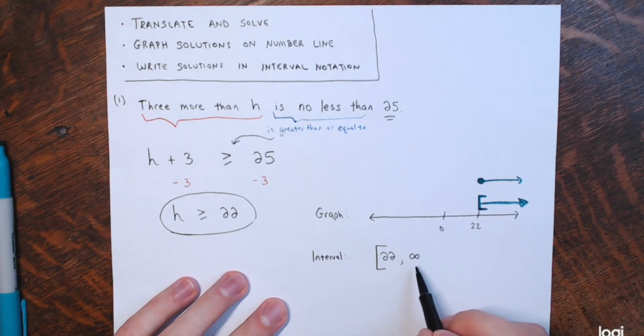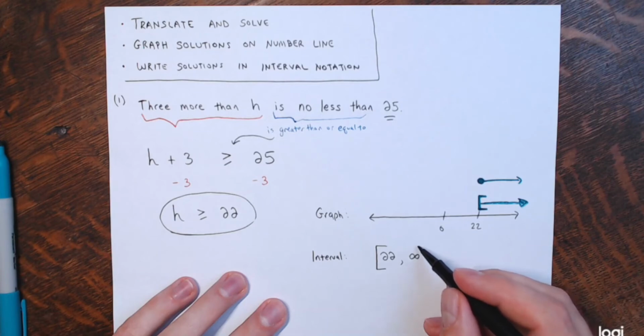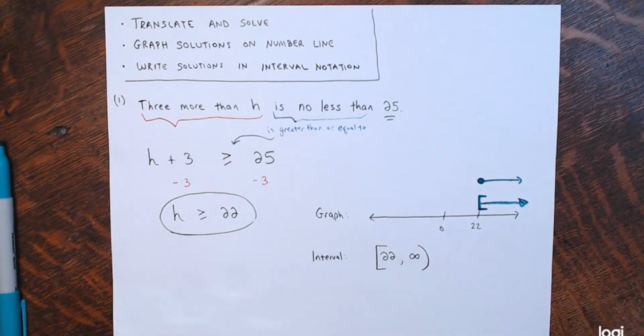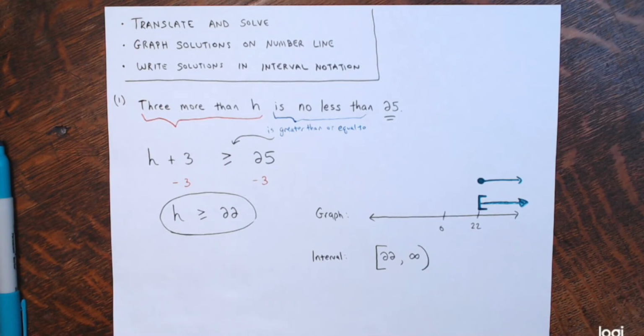And infinity or negative infinity, either side, infinity is not a number. Right? You can't plug in infinity for a variable. So it can't be a solution. So anytime you see infinity or negative infinity in this interval notation, you're capping it with a parenthesis. Right? And there's the interval notation describing all the numbers greater than or equal to 22.